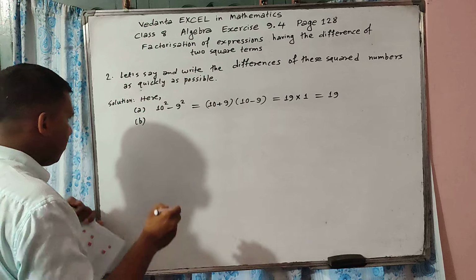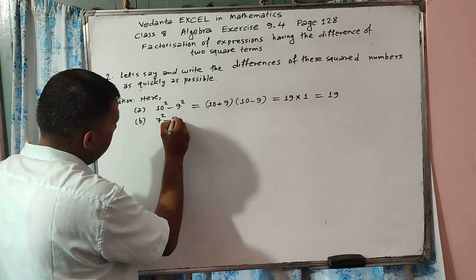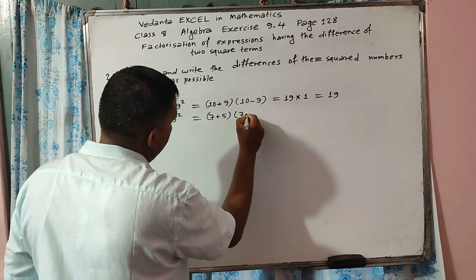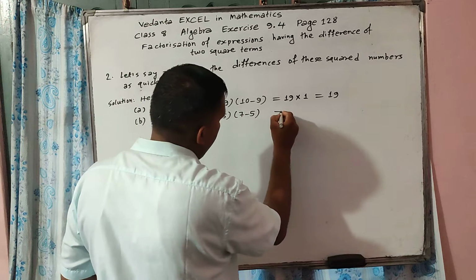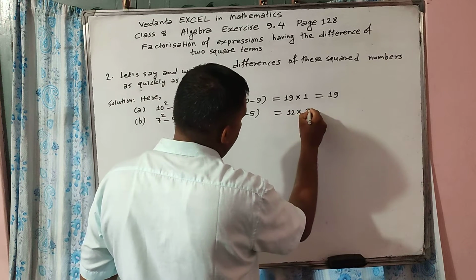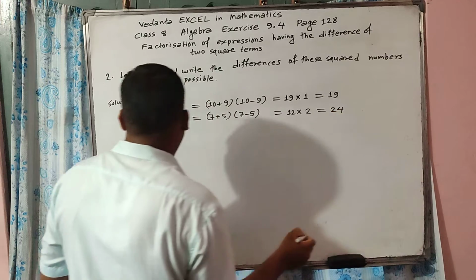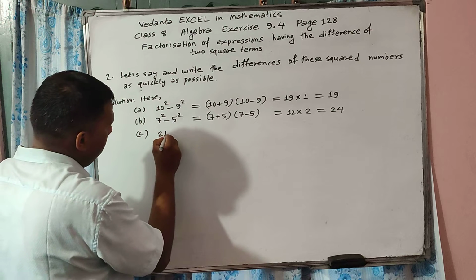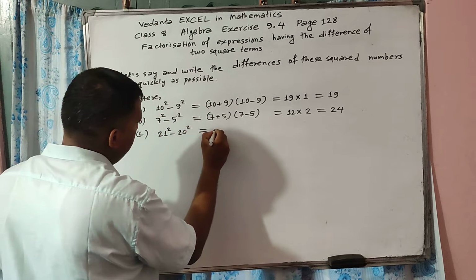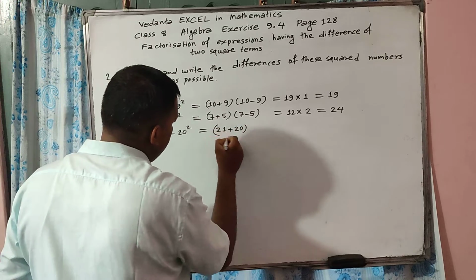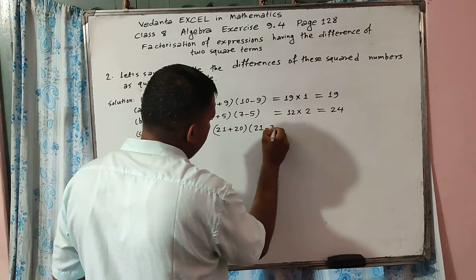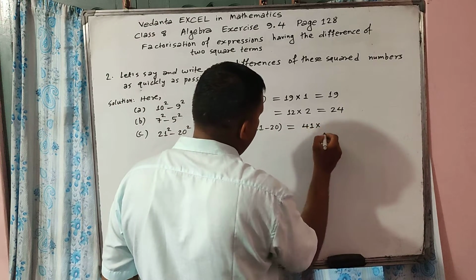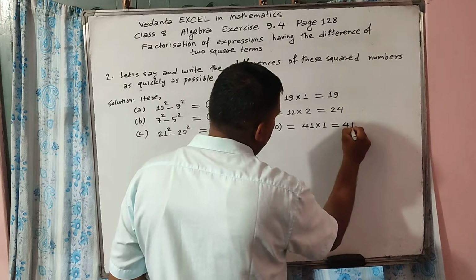On B, 7 square minus 5 square is equal to 7 plus 5 into 7 minus 5. 7 plus 5, 12, into 7 minus 5, 2. 12 twos are 24. On C, 21 square minus 20 square equal to 21 plus 20 into 21 minus 20. 21 plus 20, that is 41, into 21 minus 20, 1, that is 41.